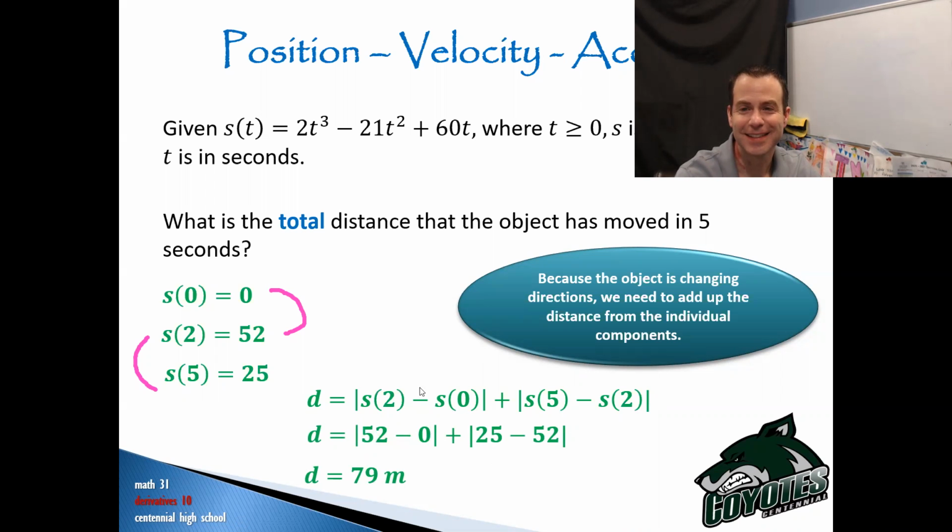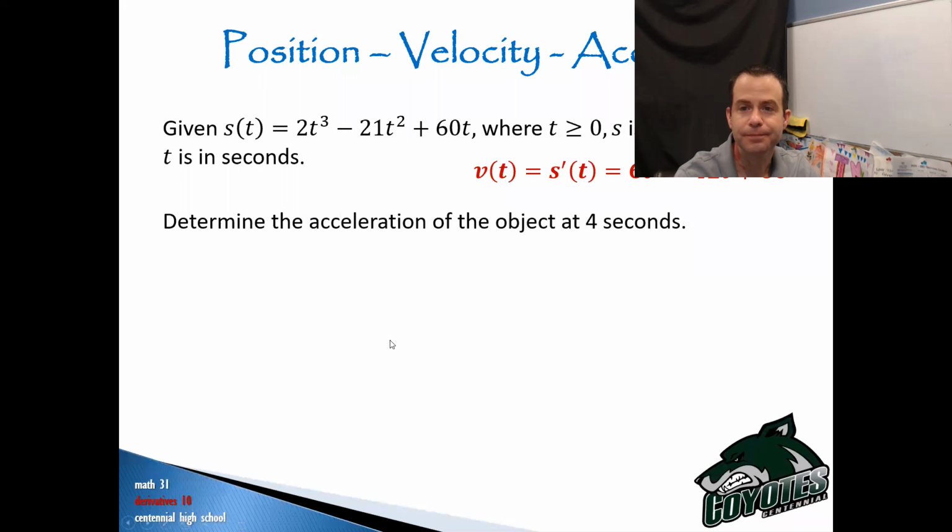All right, awesome. Now determine the acceleration of the object at 4 seconds. I know my velocity function is 6t squared minus 42t plus 60. Acceleration is going to be the derivative of the velocity, or the second derivative of the position function, okay?